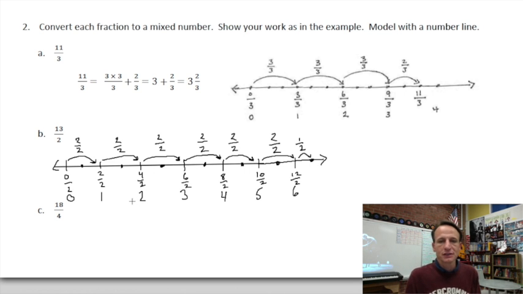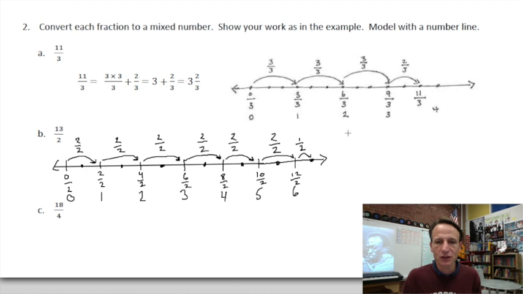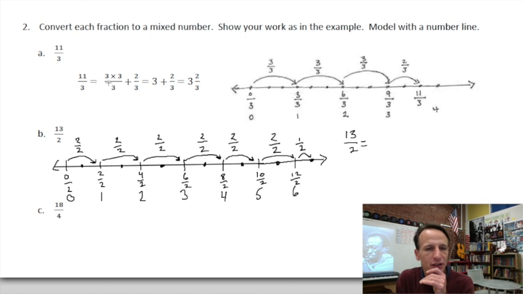So now, what did we do? This is the number line, right? We got all that beautiful. But what did we actually do mathematically here? Well, we started with 13 halves, right? And now look here, back at our example one. They said, hey, 3 times they went 3/3. How many times did we go 2 halves? 1, 2, 3, 4, 5, 6. Of course, because it's 12 halves.